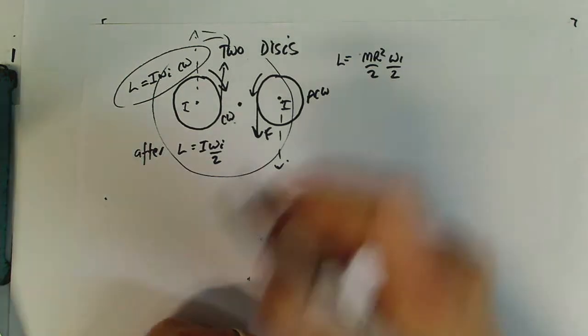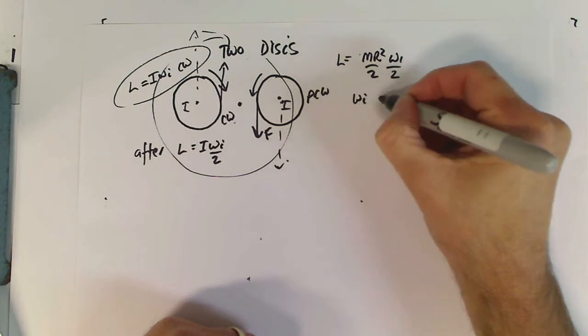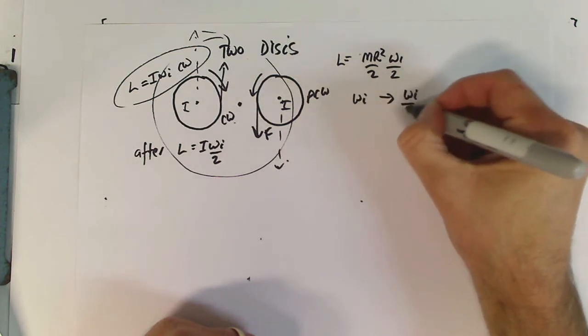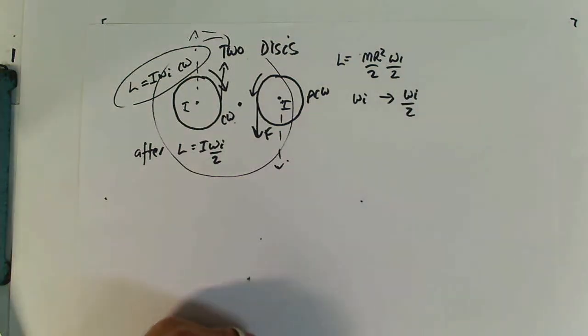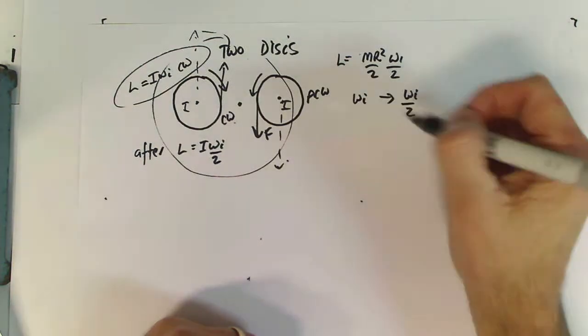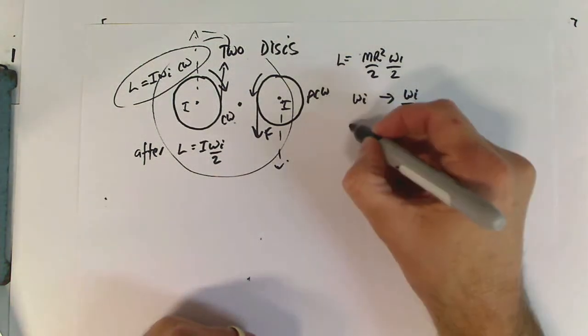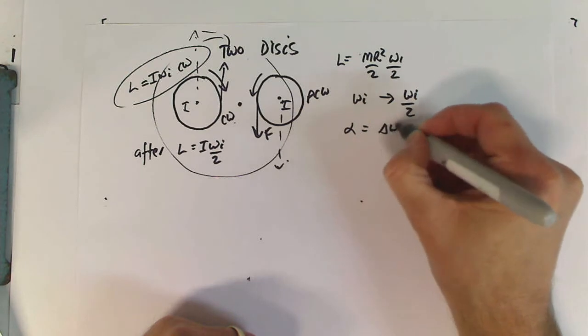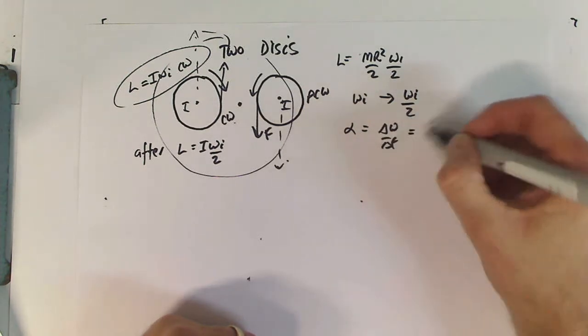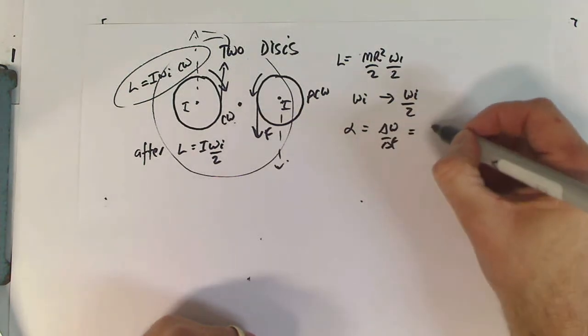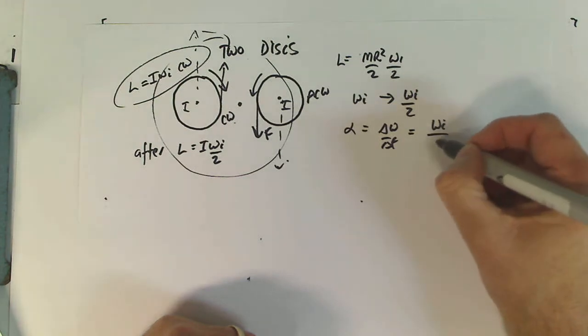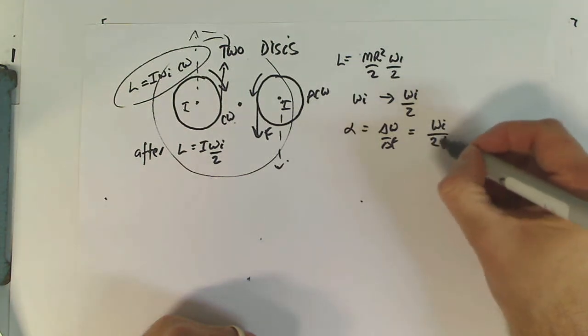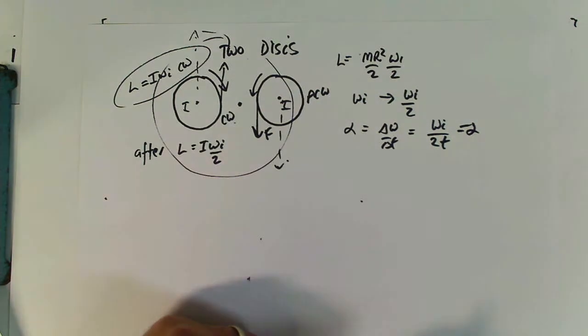So if it goes from omega I to omega I over 2, then the actual change, or the acceleration, delta omega over delta t, must be equal to omega I over 2t, which equals alpha. Right? So that's the angular acceleration that must be exerted on these little disks.